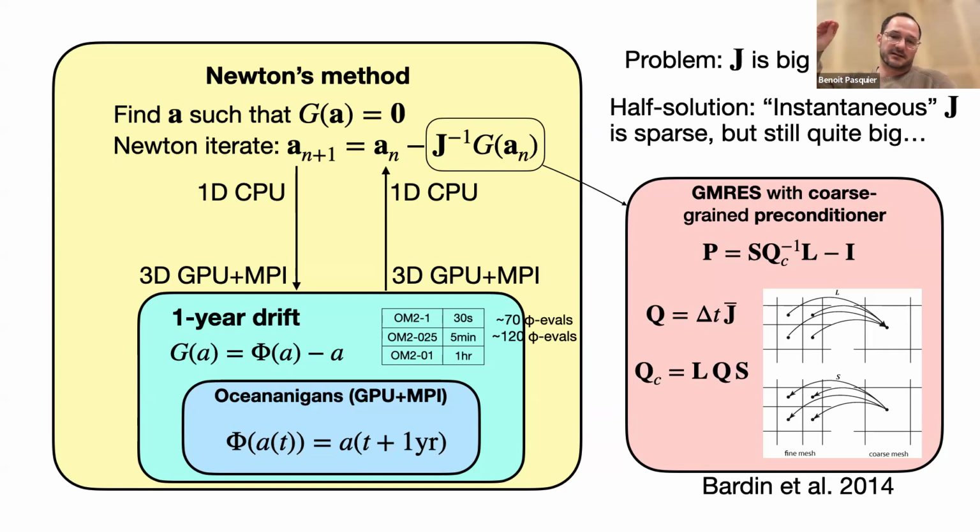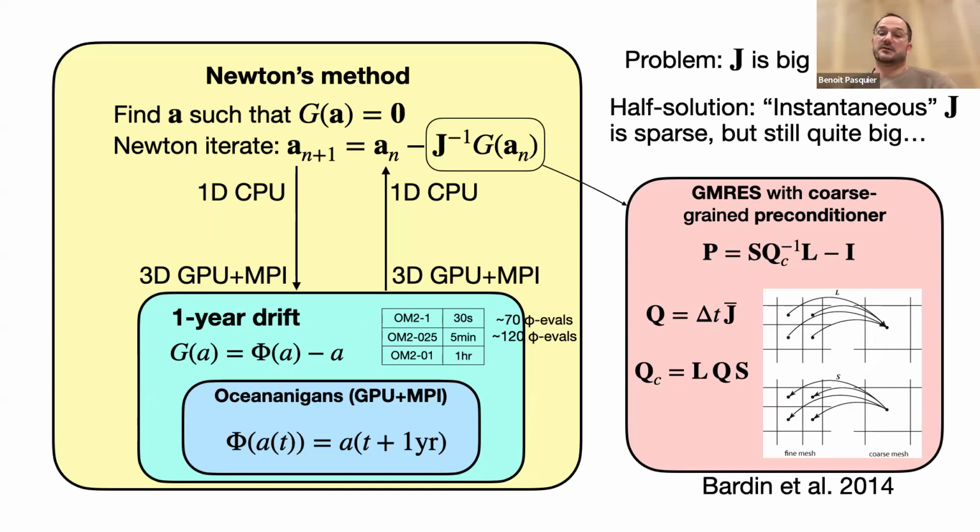Only the neighbors affect the cell you are looking at, because there's some advection scheme, some diffusion scheme, but it only involves the local neighbors. And that means the Jacobian matrix will be pretty sparse, lots of zeros. So that's a good thing, and it's an approximation, of course, but it works pretty well. And so we take a mean of the tendency over the year, and we take that as our approximate Jacobian.